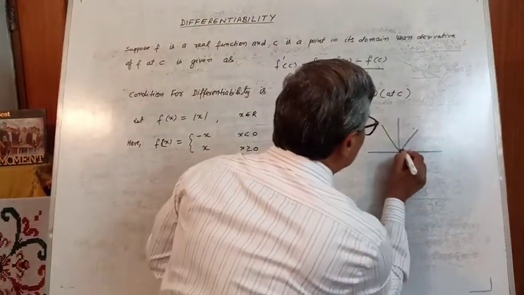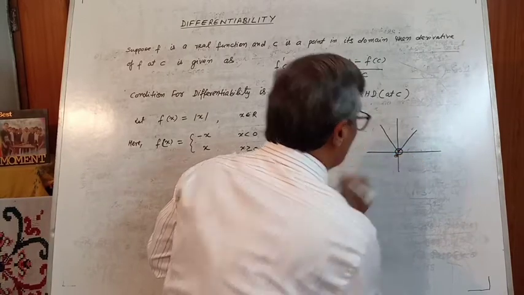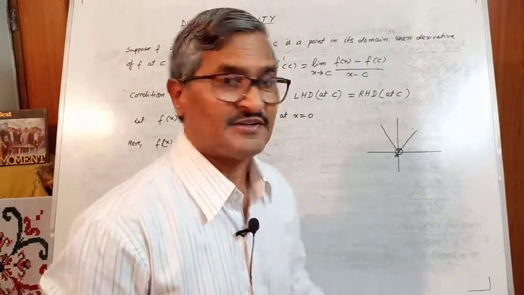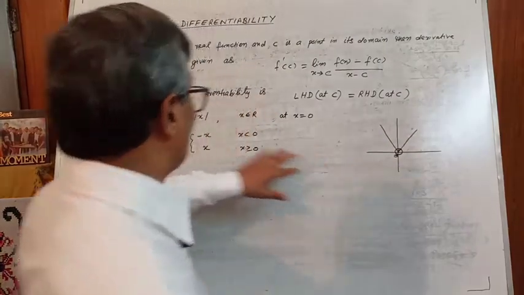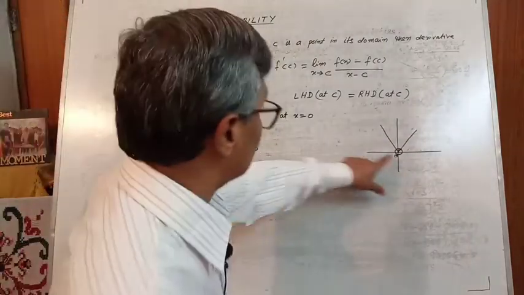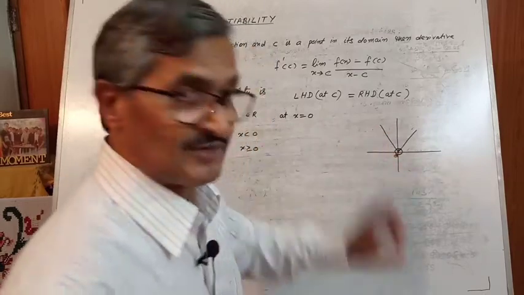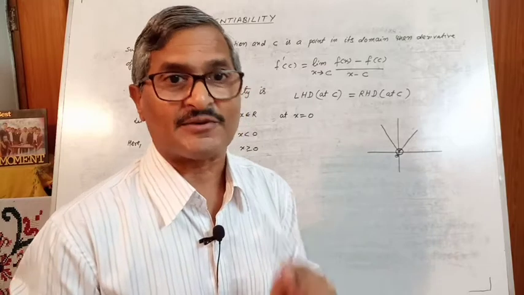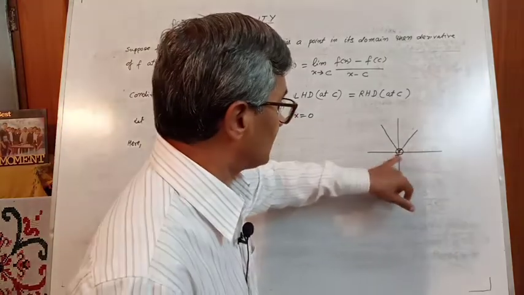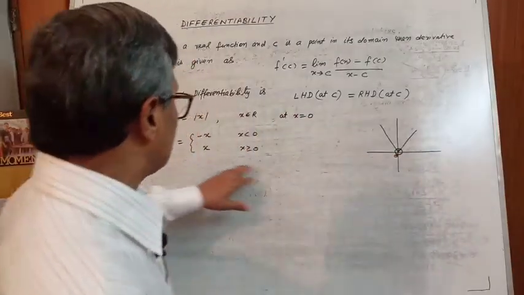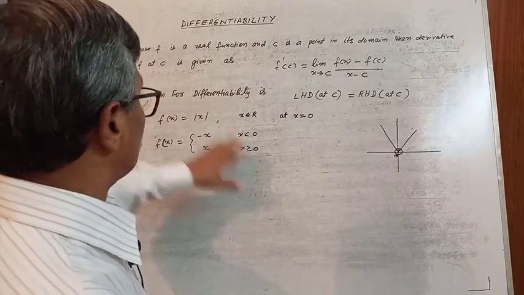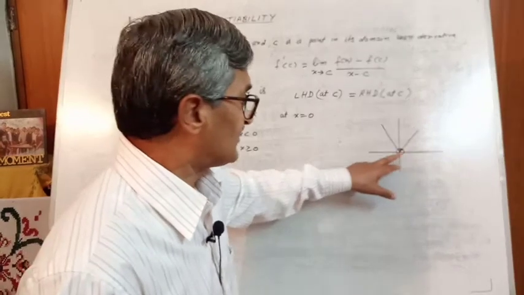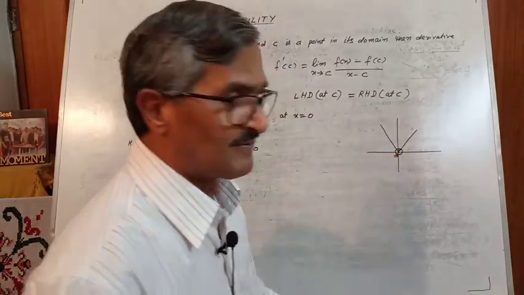If we get a sharp corner at a point, in that case the function is not differentiable at that point. So this indicates that the function is not differentiable at x equal to 0, because at 0 we are getting a sharp corner.